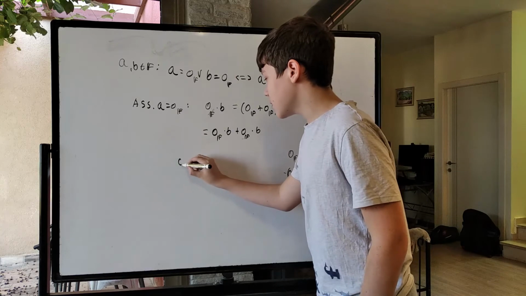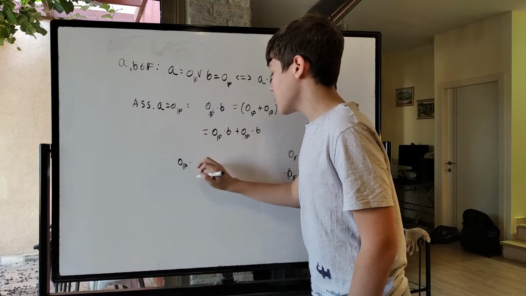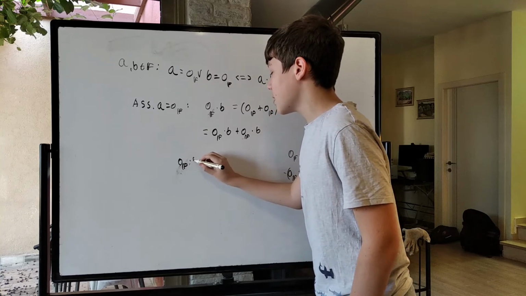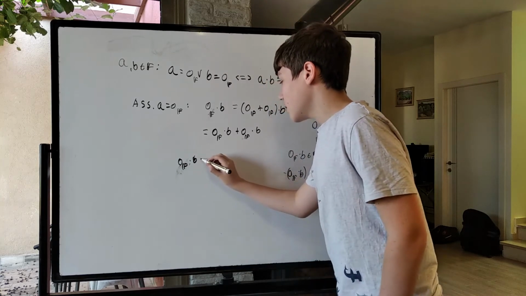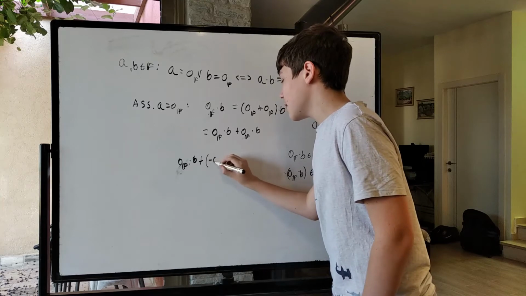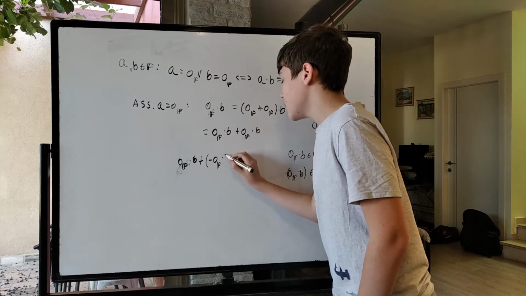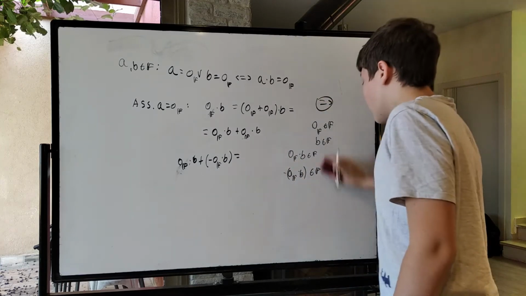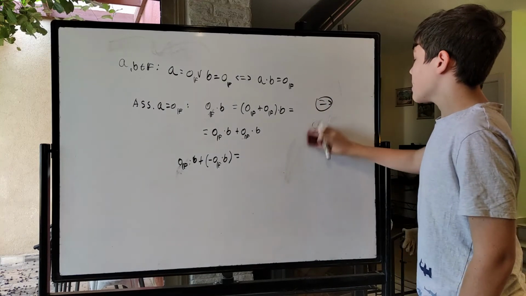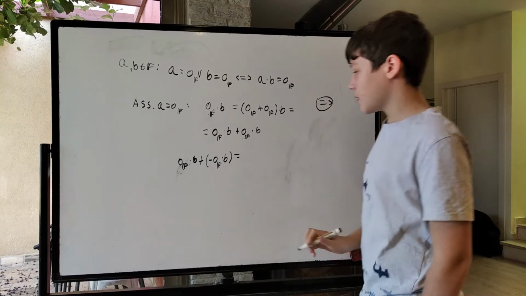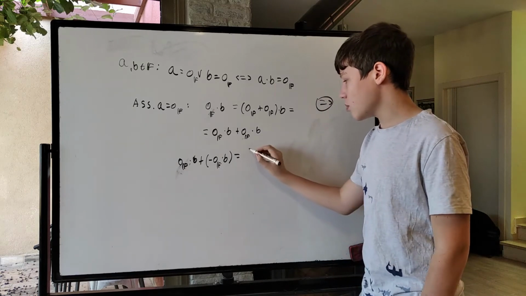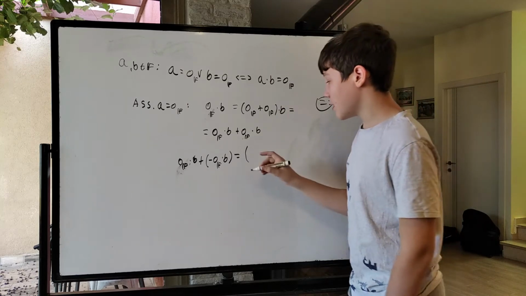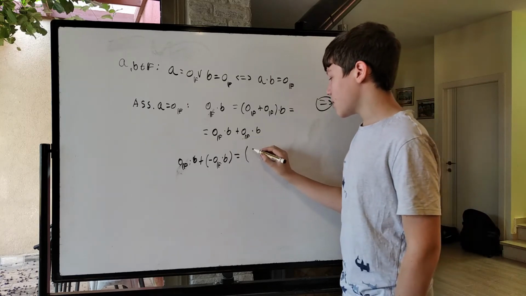So we get 0 times b plus the negative of 0 times b, its additive inverse, is equal to this plus negative the inverse of 0 times b.